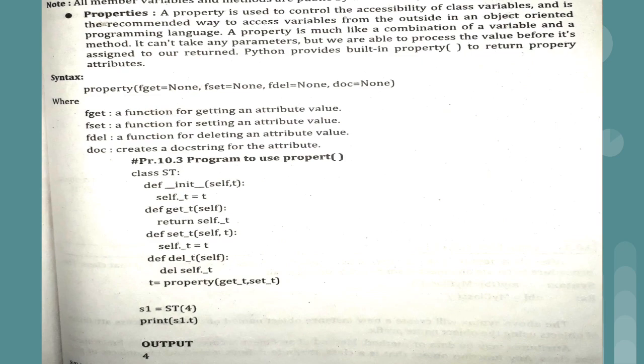Similarly in Python also we have properties. A property is used to control the accessibility of the class variable, and it's the recommended way to access a variable from the outside in object oriented programming. So whenever we want to access a variable inside the class from outside, in that situation we make use of property. Okay. So now they have given the syntax for the property.